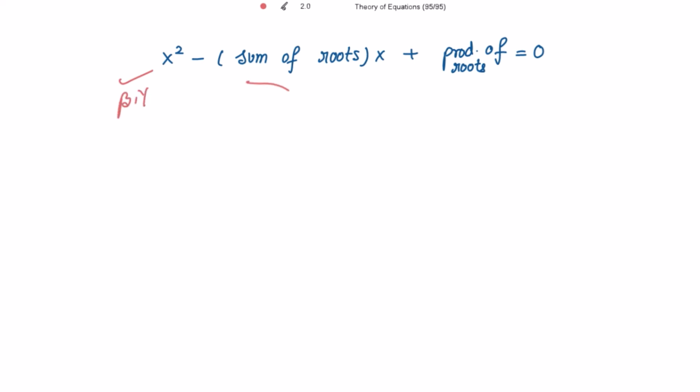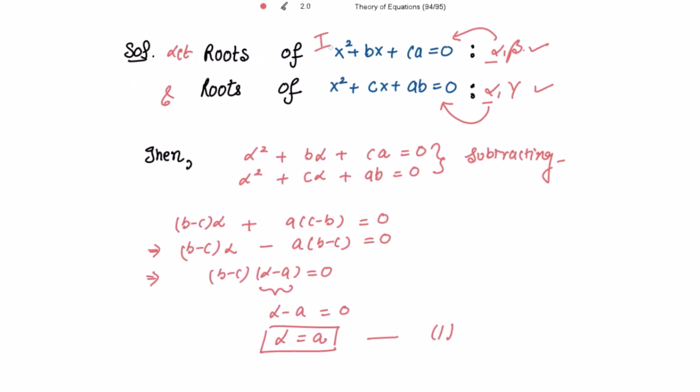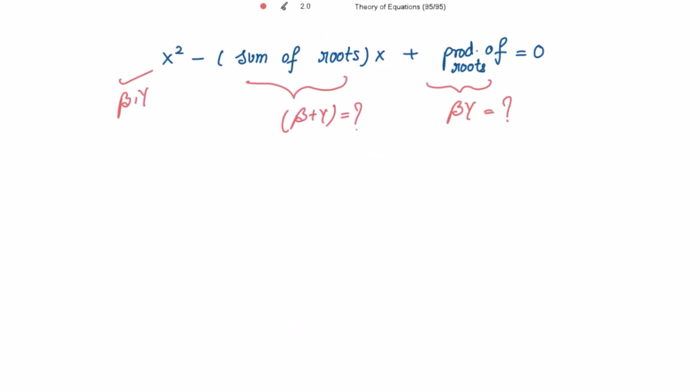So we need the sum of beta and gamma and the product of beta and gamma. These two we need to find. From the first equation, what is the product of the roots? That is ca. So alpha beta is equal to ca.